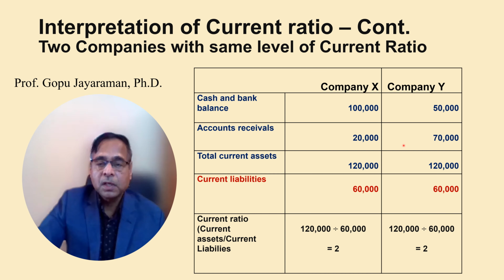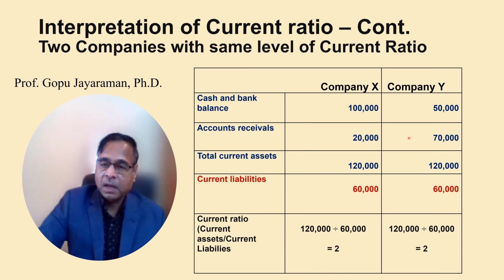The conversion of accounts receivable into cash is in the hands of the collection department. If the collection machinery is very sound, this can be collected within the set time without any problem. Otherwise, if the collection department is not efficient, or if there is any delay in collection due to any other reasons, then the real amount of current assets will be affected.